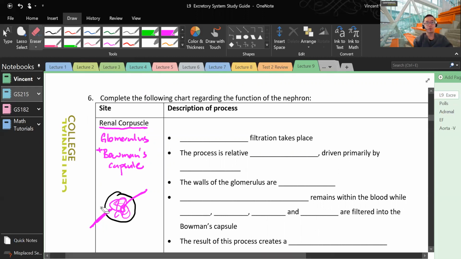All right, so what's happening in the renal corpuscle? Well, I told you a couple of times already, the blood's going to be coming in from the afferent arteriole, and the glomerulus is very leaky, so all the stuff is going to leak out, right? Okay, so at this point, glomerular filtration occurs.